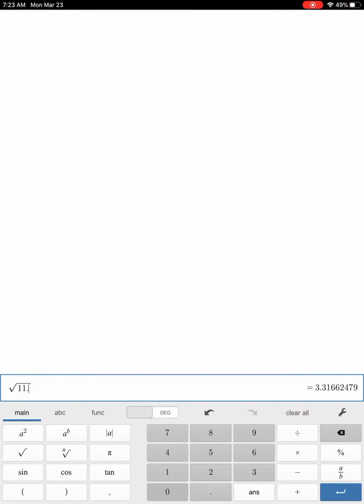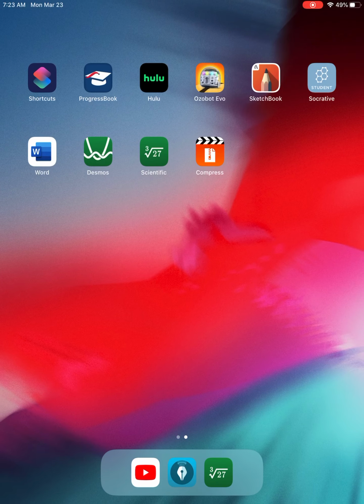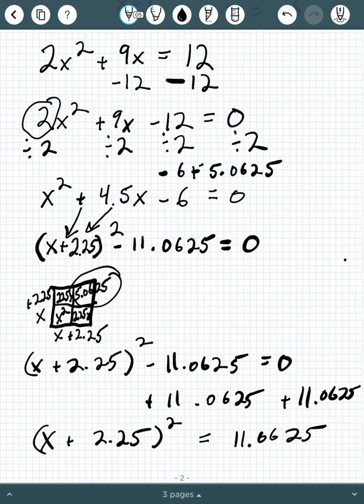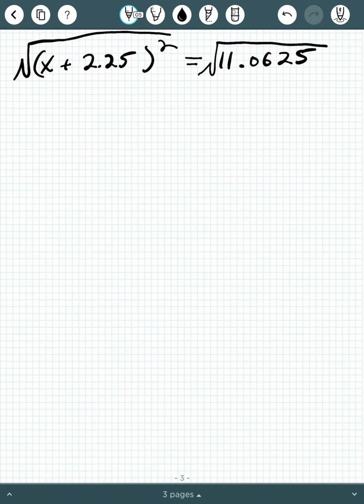So we take the square root of 11.0625. We get 3.326, and we know it has to be positive or negative. So 3.326, but also negative 3.326.